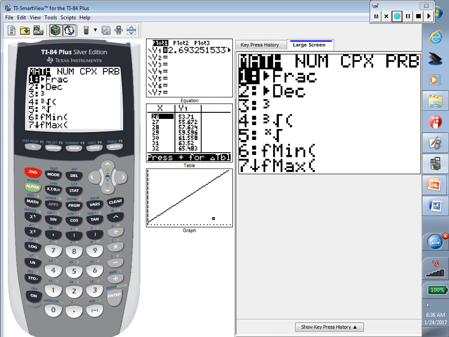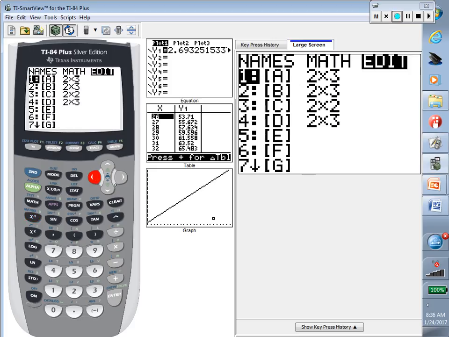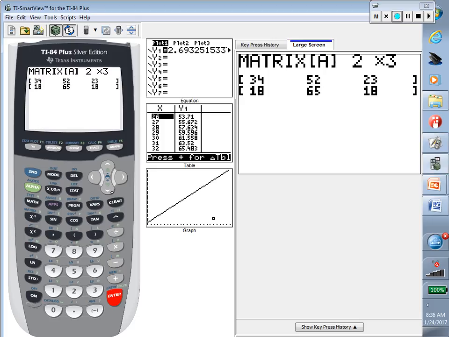Let's go ahead and enter into matrix A all of our observed values.